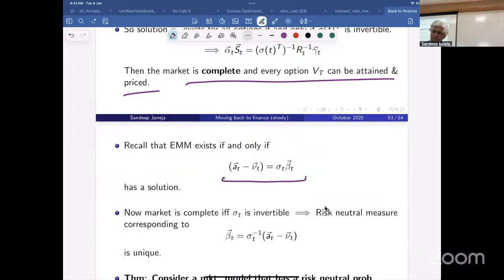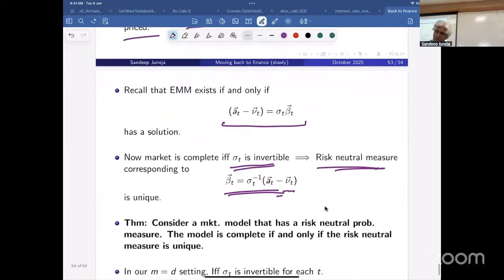Now the market is complete if sigma_t is invertible, which implies this neutral measure also exists. So it all boils down to sigma_t being invertible. If sigma_t is invertible, then you have a neutral measure and your market is also complete. So it's a very happy ending here. When you make nice assumptions, you live in a nice world.